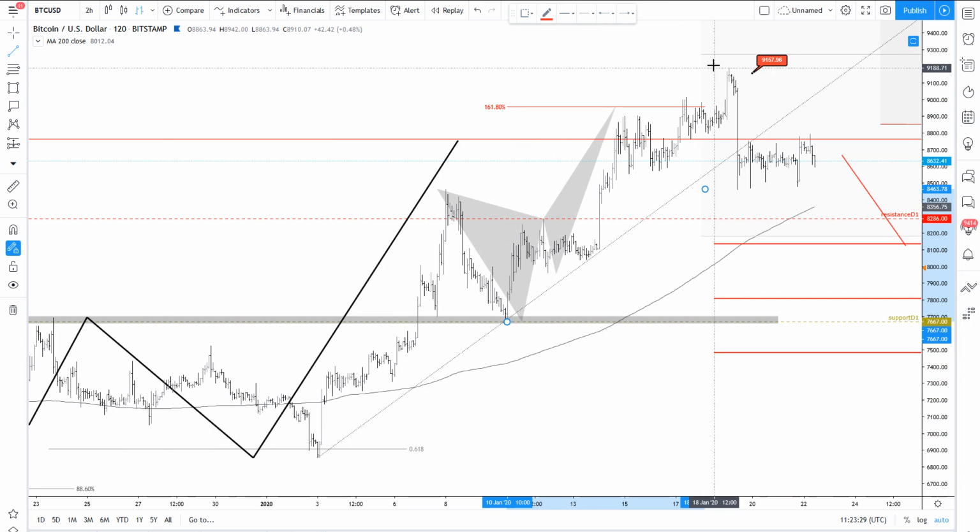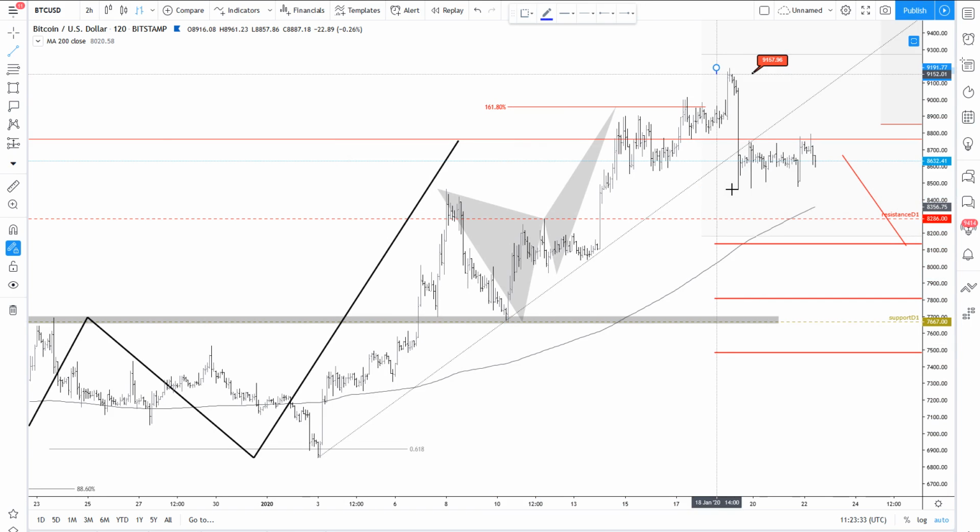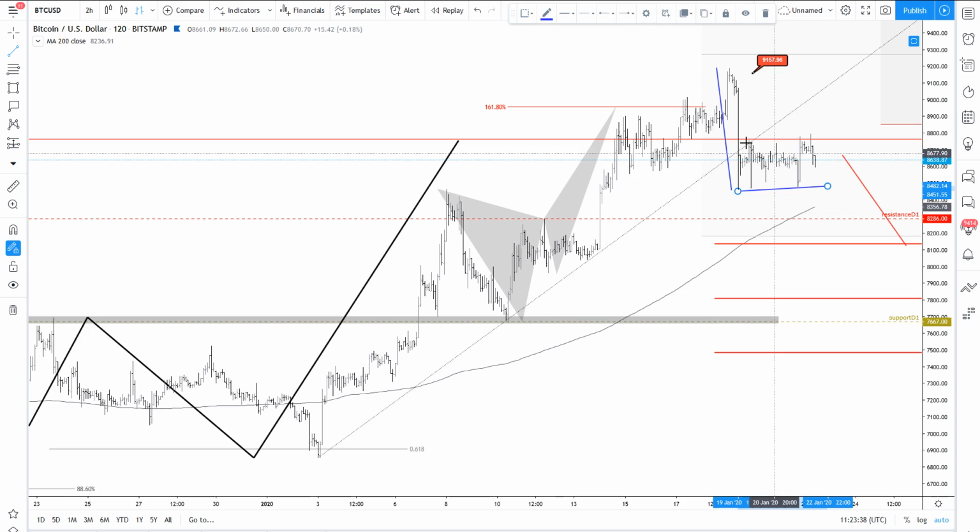After this bearish swing, or at least this bearish candle there, we have this sideways moving process. I see this as a consolidation process, nothing more than that, so we need to wait.